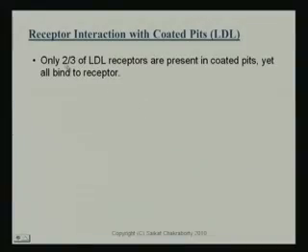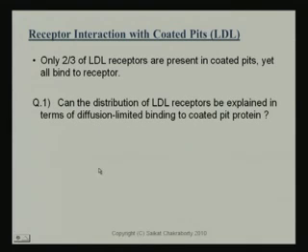So that's why we want to ask a couple of questions based on that. It turns out that only 2/3 of the LDL receptors are present in coated pits, yet all the ligands bind to these receptors. So that is the question.